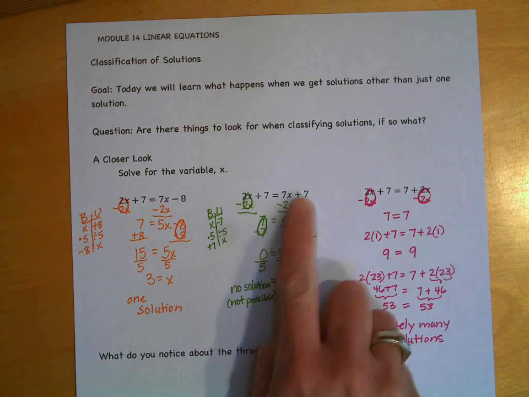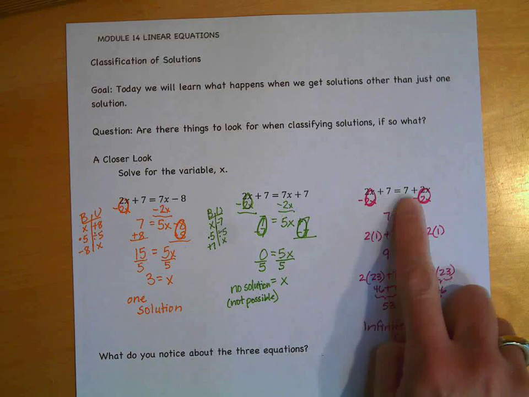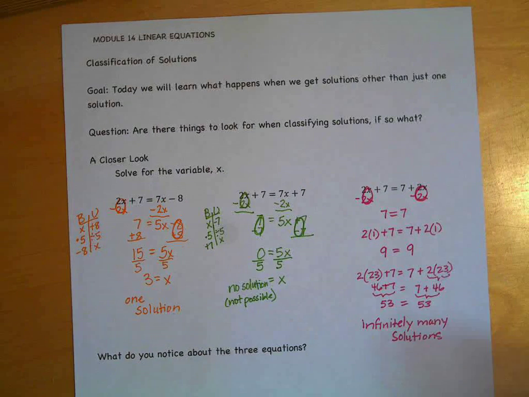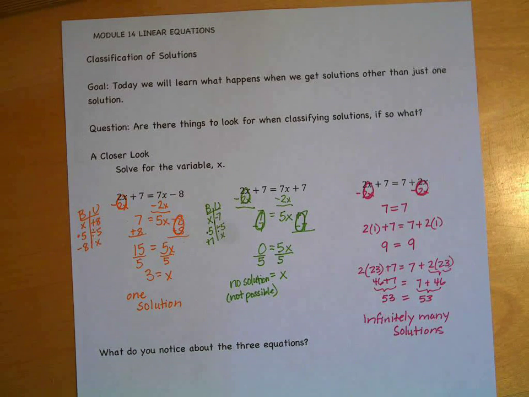This one said plus 7 minus 8. This one said plus 7 plus 7. This one said plus 7 plus 7. So again, different subtleties. What do you notice about the 3 equations?